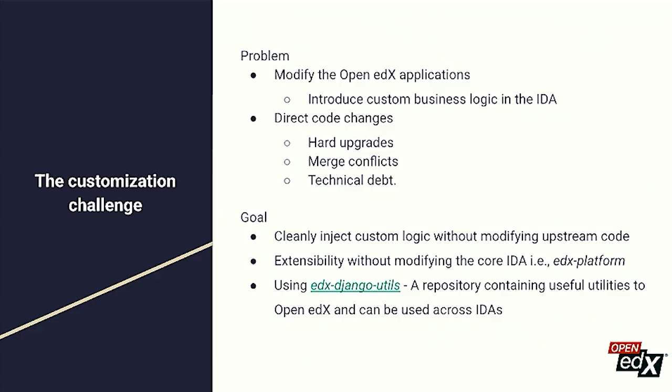With Django App Plugins, we can mitigate these challenges by extending the upstream code base and keeping our custom implementation separately. The edX Django Utils is the repository containing all the useful utilities, including the Django App plugin, so we can use this across the OpenEdX Django projects to achieve pluggability.